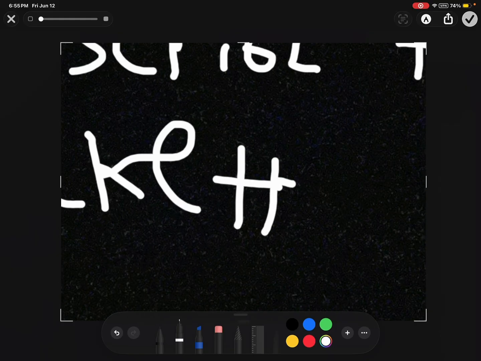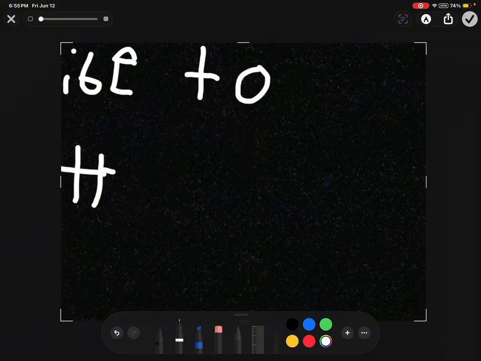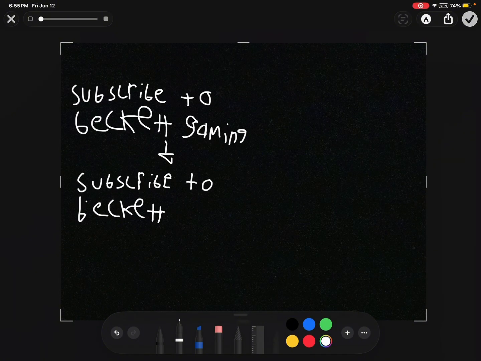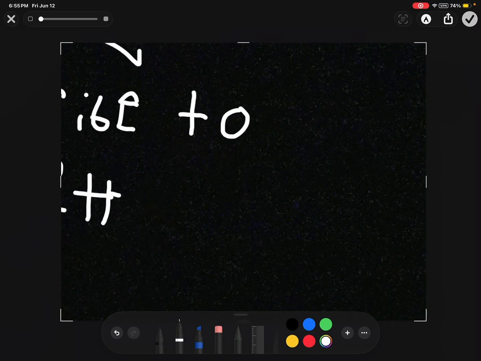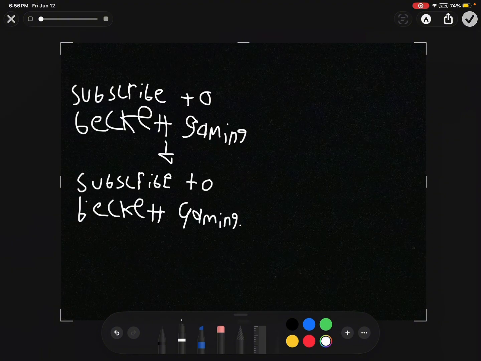Wait, we don't have lowercase yet. What did I say was lowercase? It was like this, right? And lowercase would end the sentence. So it's basically middle case letters.